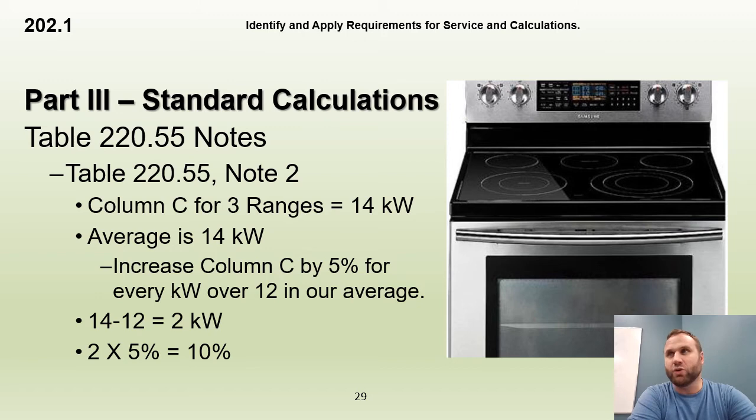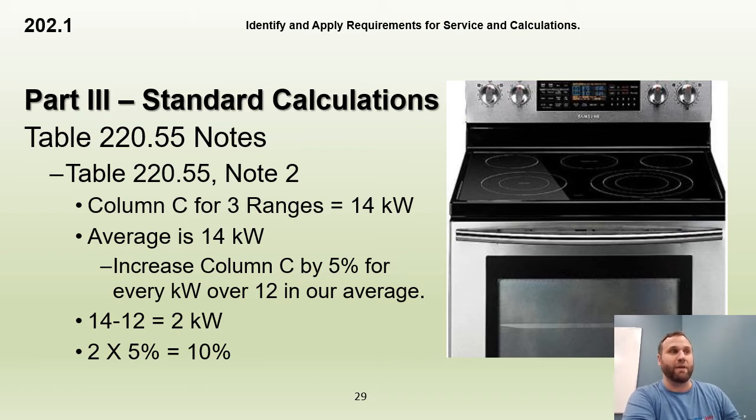If any range or any group of ranges of the same value are greater than 12 kW, because column C only goes up to 12 kW, and my average is 14 kW, I have to take my column C maximum demand and increase that by 5% for every kilowatt greater than 12.